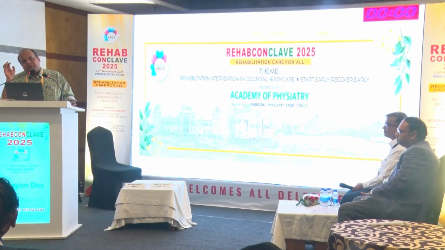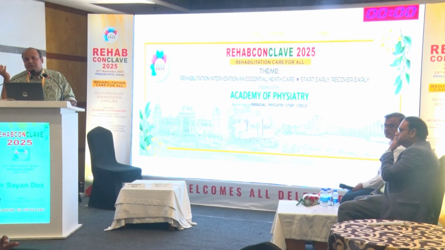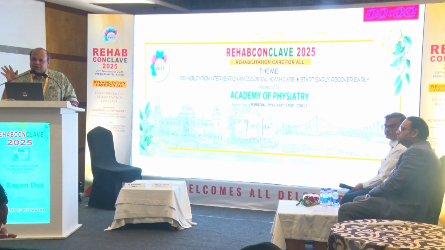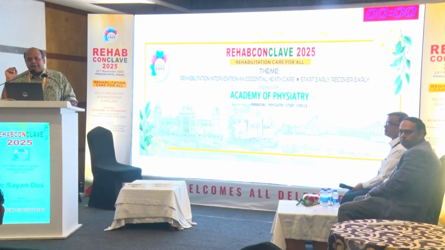MRI we do particularly to detect the tear and the glenolabral architecture, because in ultrasound the labral architecture is not very well seen in such cases because there are a lot of osteophytes around the joint. But if you think there is a stiff shoulder, it's always good to have an ultrasound beforehand, before proceeding for an MRI. Thank you, sir.